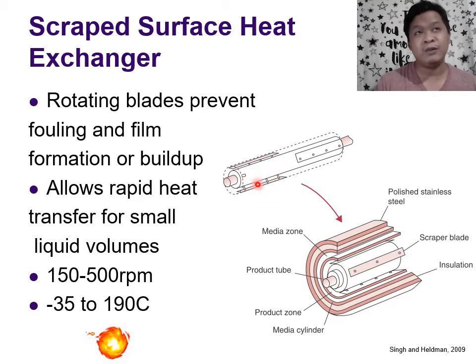Para ito ay kung cooling siya to below freezing, para hindi mag-build up yung ice crystals. Kung heating naman siya, para ma-prevent yung pag-burn ng food particles doon sa surface.